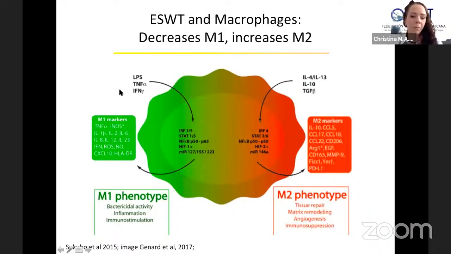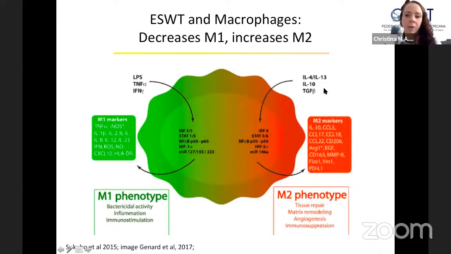The M1 phenotype is activated by LPS, TNF-alpha, and interferon gamma, which are pro-inflammatory cytokines. With the activation, we have a secretion of pro-inflammatory cytokines like TNF-alpha and interleukin-1 beta, and with that, we have the M1 phenotype, which is primarily involved in bactericidal activity, stimulation of inflammation, and stimulation of the immune system.